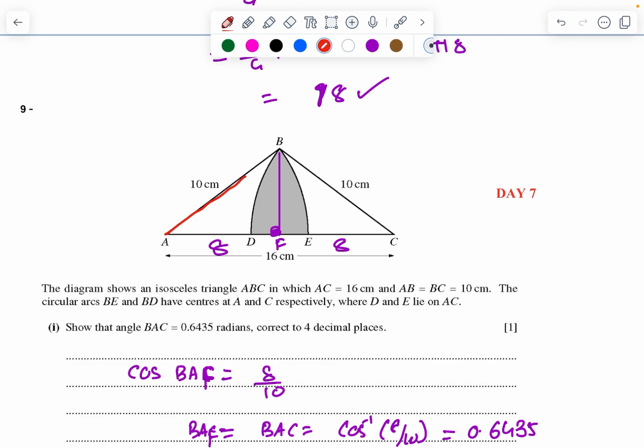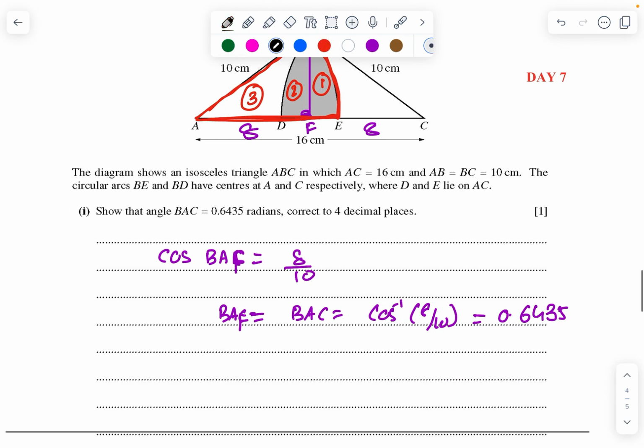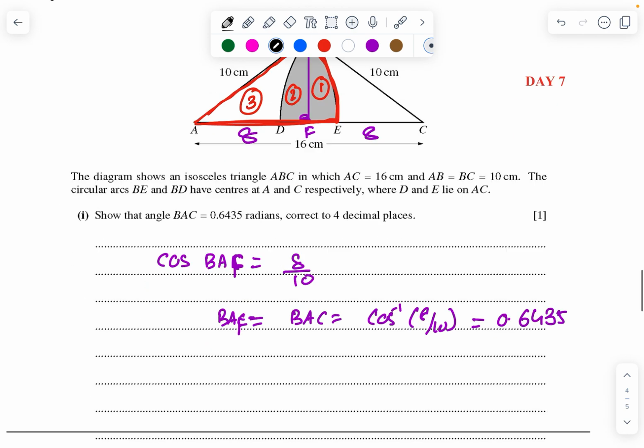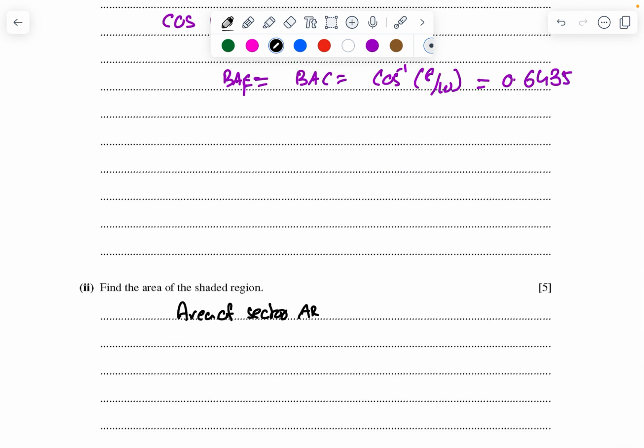First step is I will find area of this sector, which is part 1, part 2 plus part 3. Then I find area of sector ABE, which is part 1 plus part 2 plus part 3.